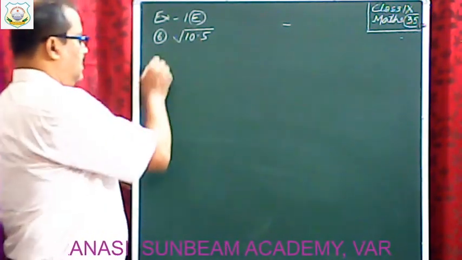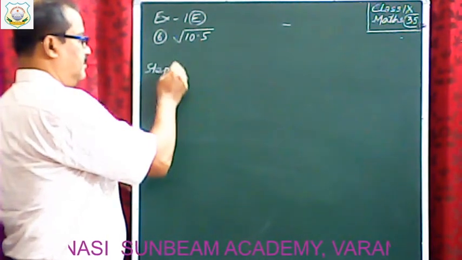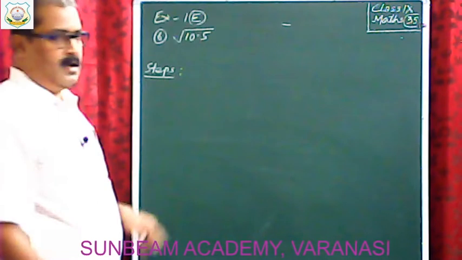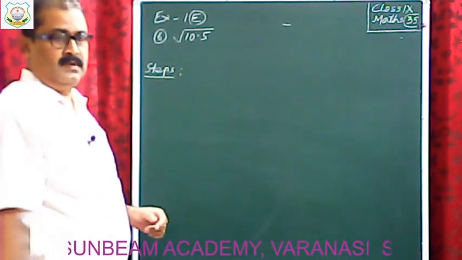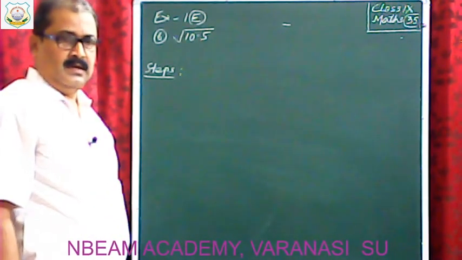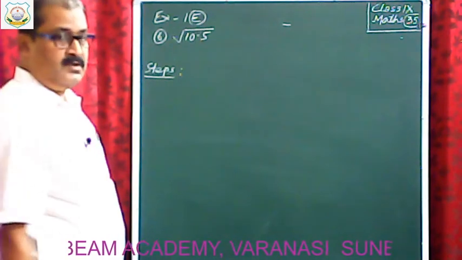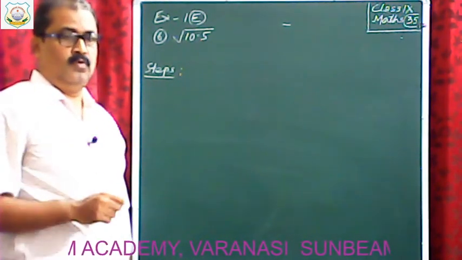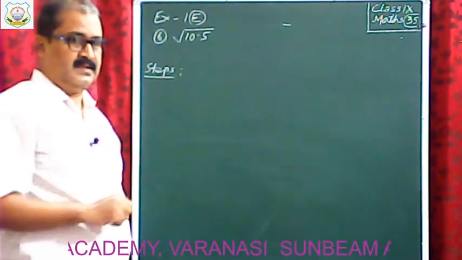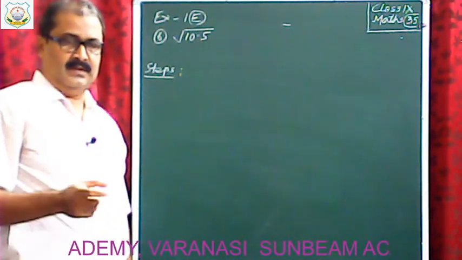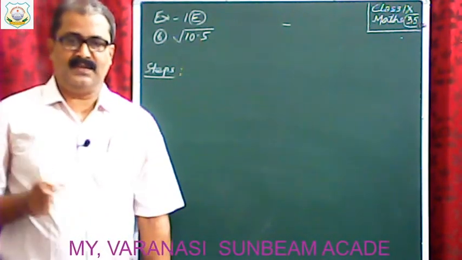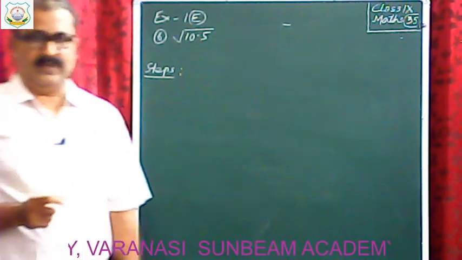Also you have to write the steps. First of all, you have to draw a line segment of the given radicand, that is 10.5, taking 1 centimeter equal to 1 unit. Whenever the radicand is given in decimal form, it is better to always consider 1 centimeter equal to 1 unit.